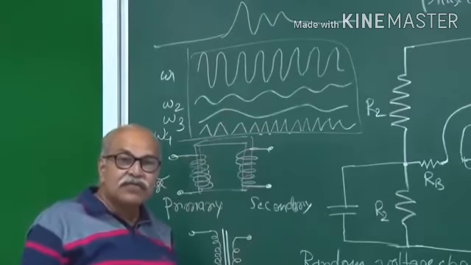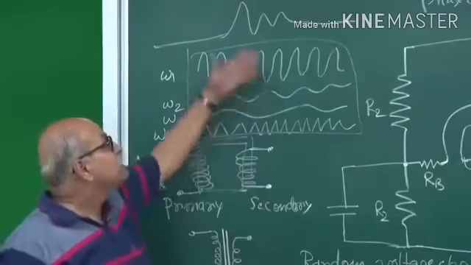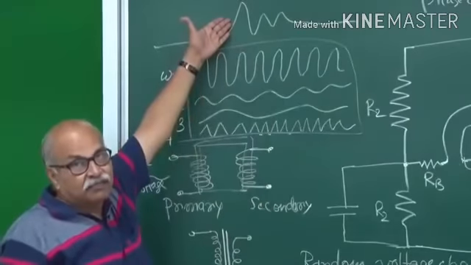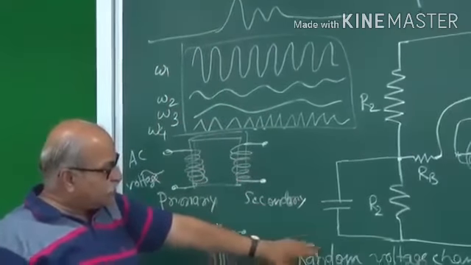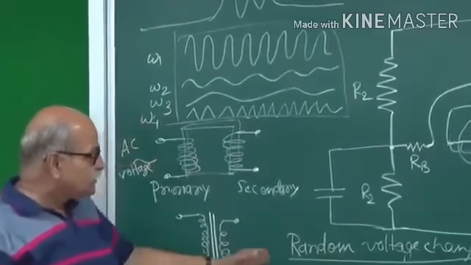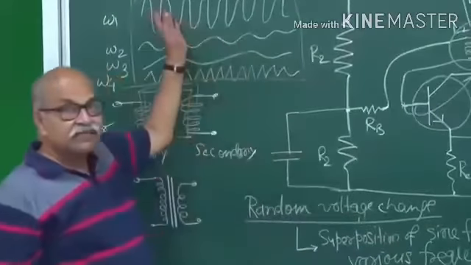What frequencies are chosen and what are the corresponding amplitudes will decide what kind of final shape appears. So that random voltage change when you first switch on can be taken as a superposition of sine functions of various frequencies.